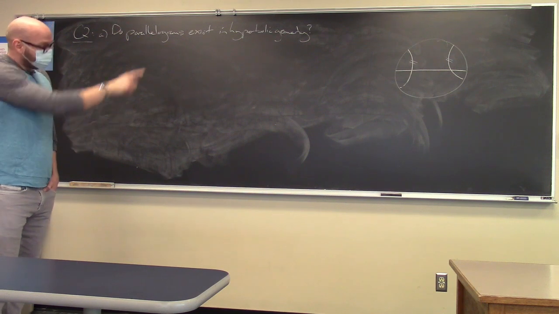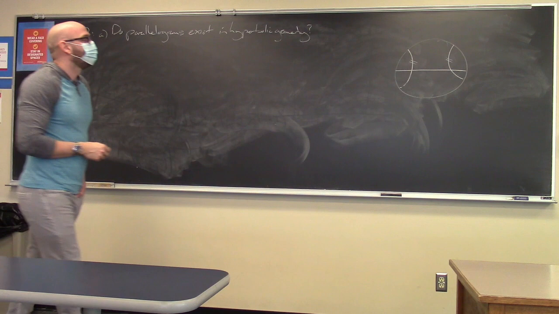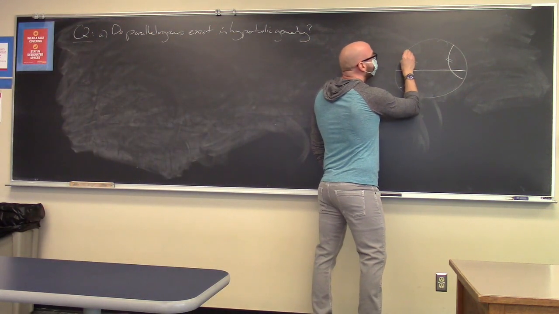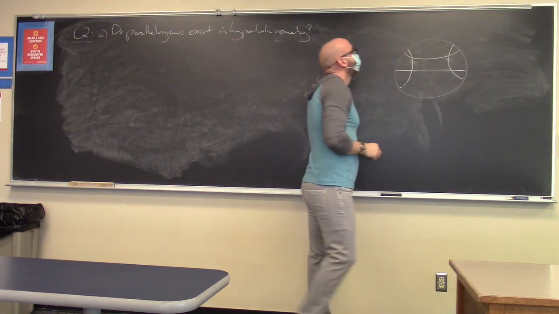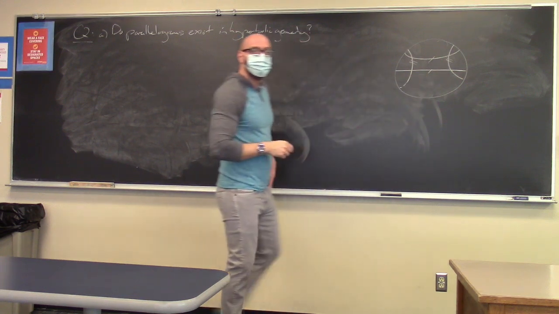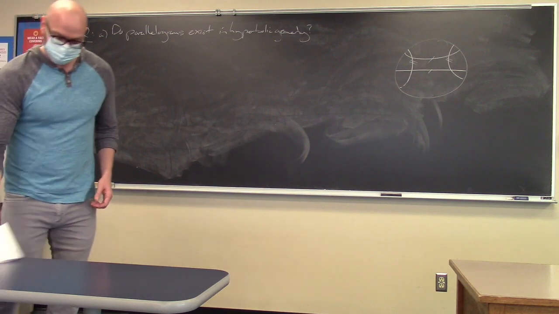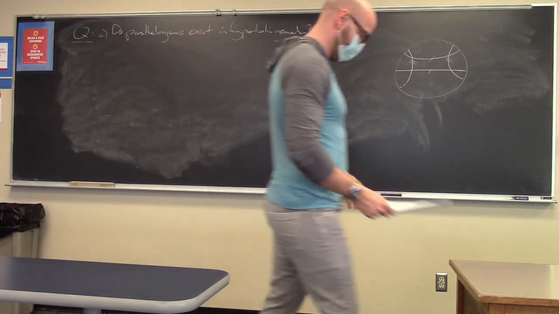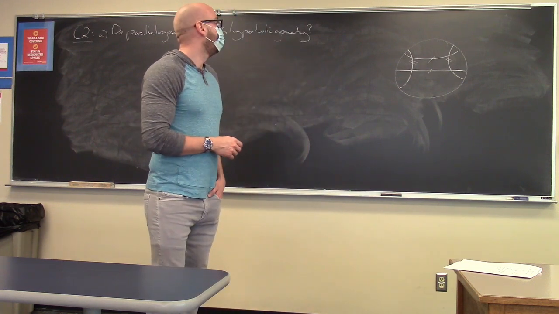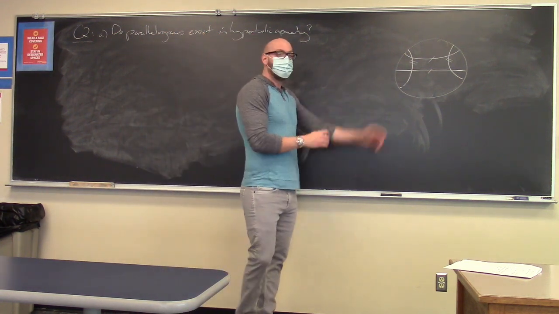Can I draw a fourth side that would be parallel to that diameter? Yeah, it shouldn't be hard at all, right? Just draw any old circle. So this is parallel to that. So the answer is yes. Here's one, proven by construction, they exist.